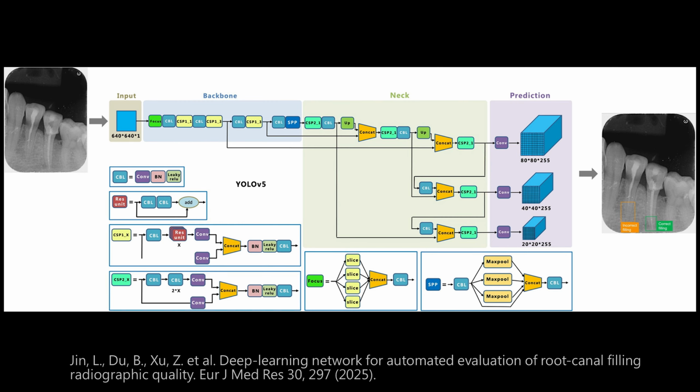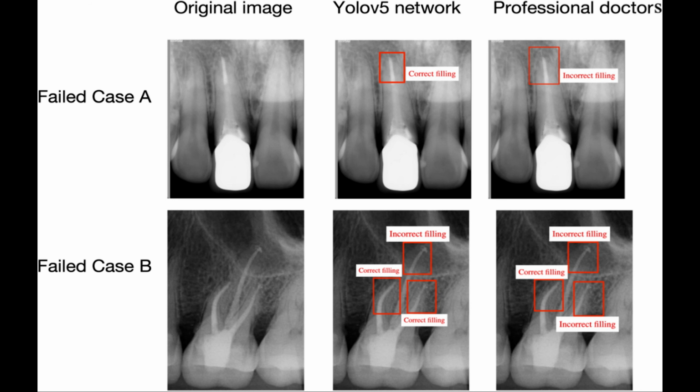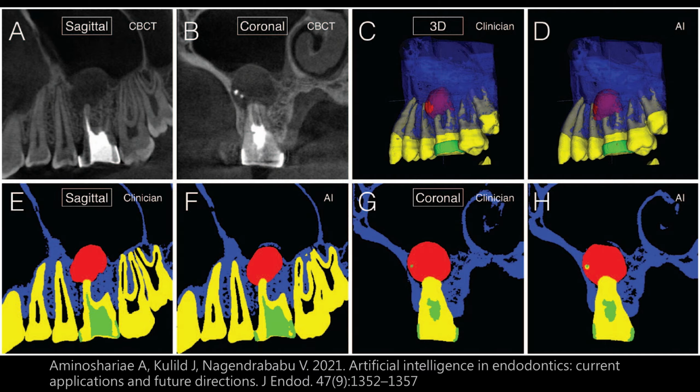The paper shows that it can recognize whether it's a correct filling or an incorrect filling. And this is the segmentation of this CBCT. It can segment the different tissue, like bone tissue in blue, tooth in yellow, filling material in green, and lesion in red.